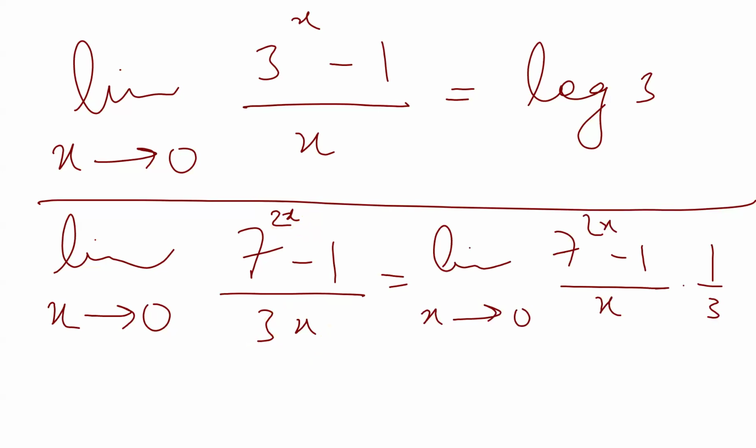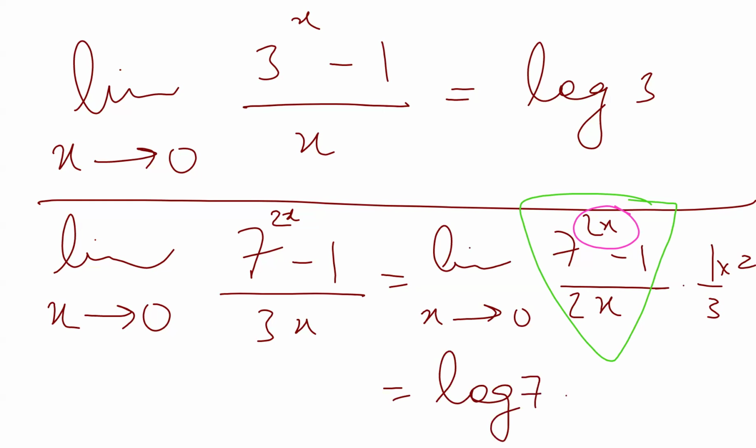Now in this step or next step, you can do this. Since we require 2x, we'll multiply and divide by 2. Now, what is the answer for this particular part?